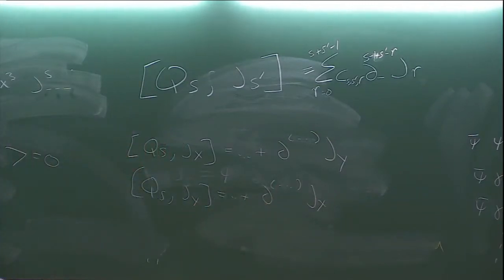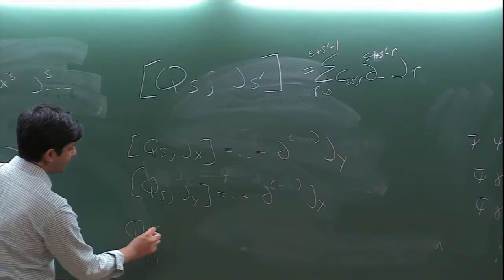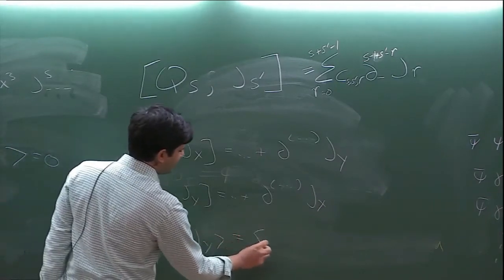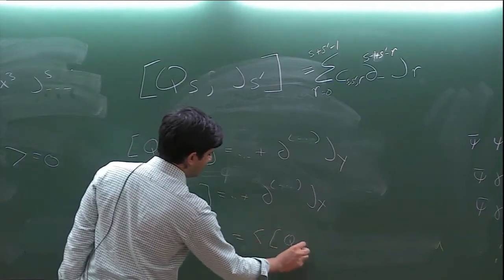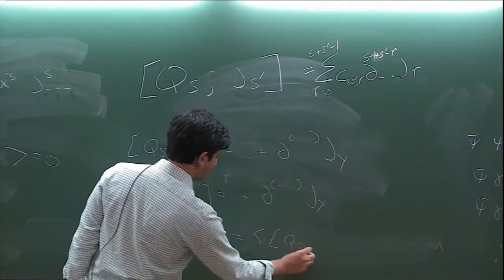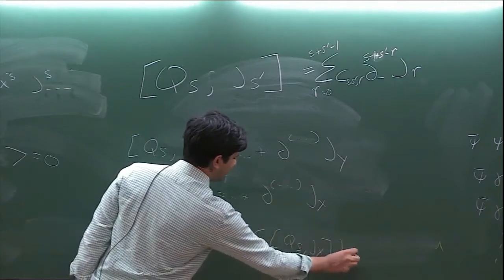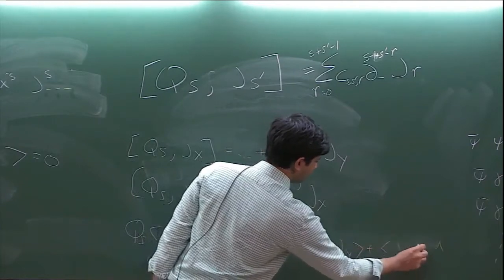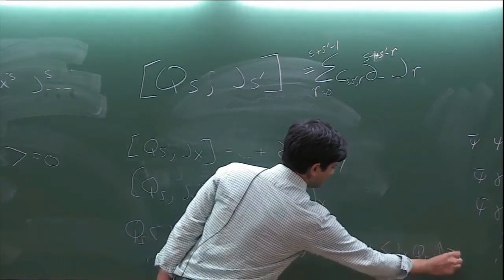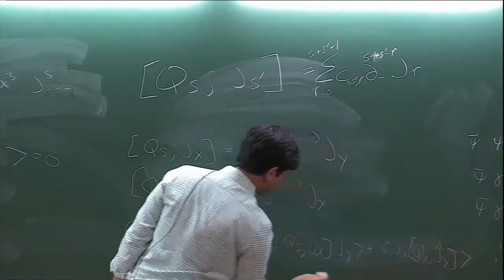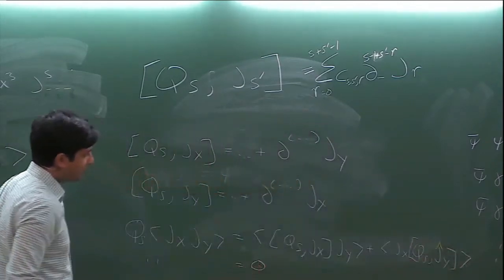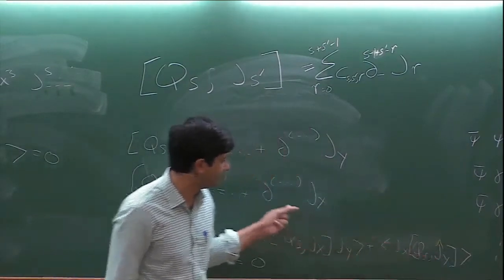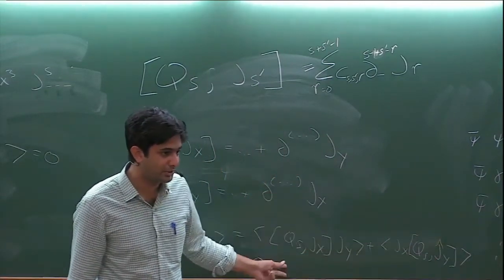The reason for that is if we consider the action of Q on the two-point function of Jx, Jy, it has to equal 0. So if QS Jx contains a Jy term, then QS Jy would have to contain a Jx term to cancel it out.